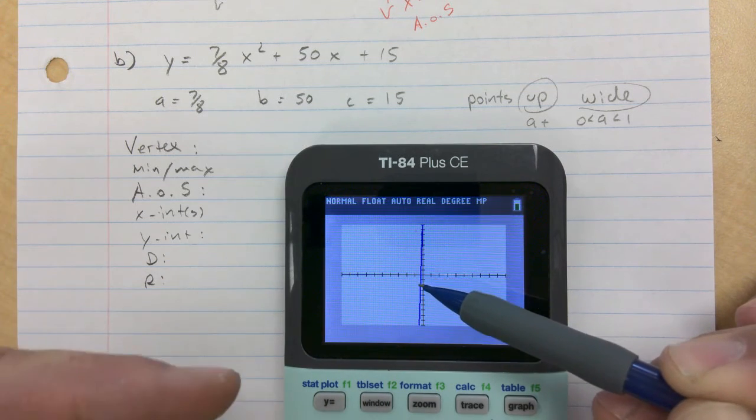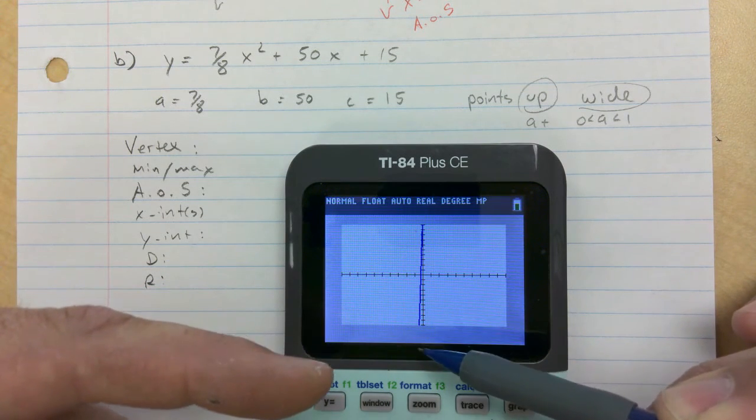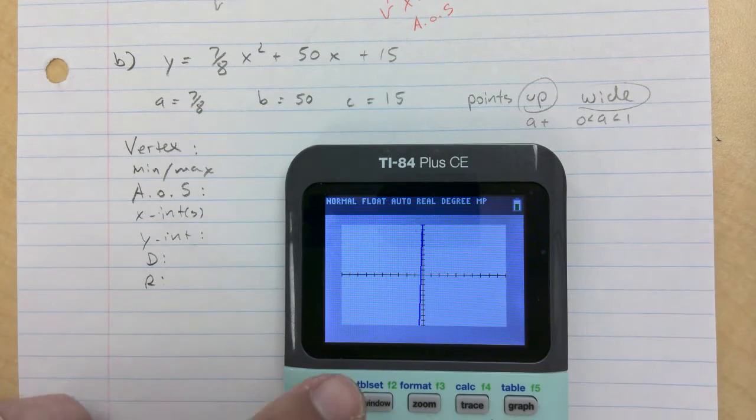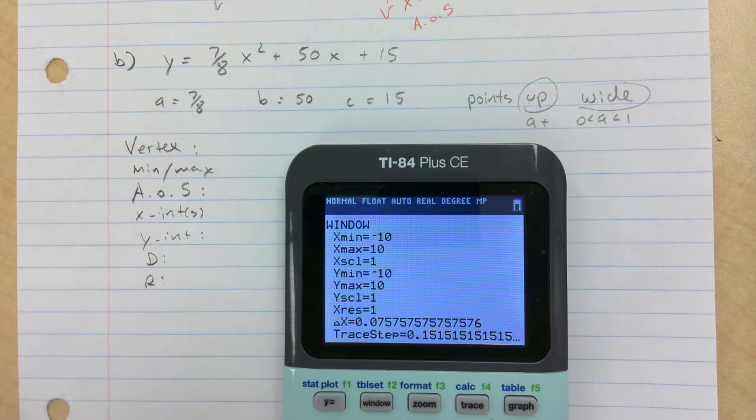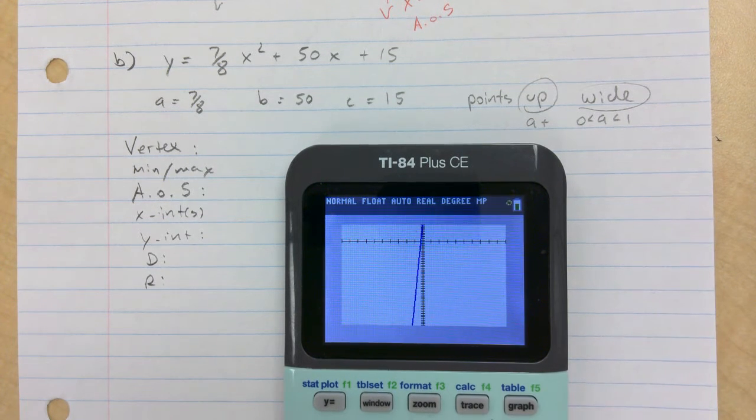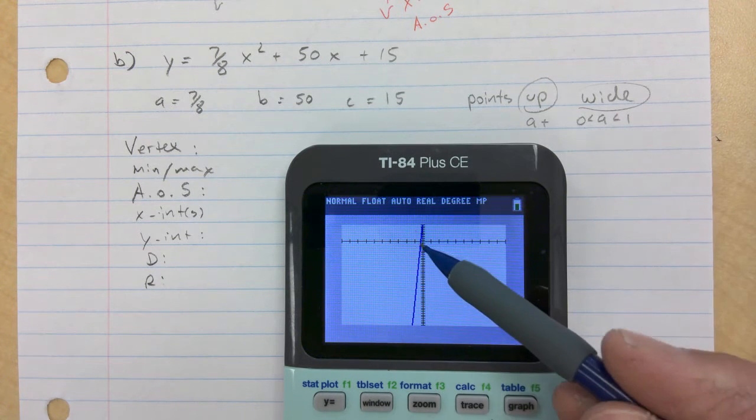So how about we first focus on trying to find the vertex. We're going to go to our window, and we're going to change the y-min significantly. I'm not just going to go down by another 10, right? I'm going to go -50, okay? And I'm going to hit graph. Oh, I'm seeing more, right?